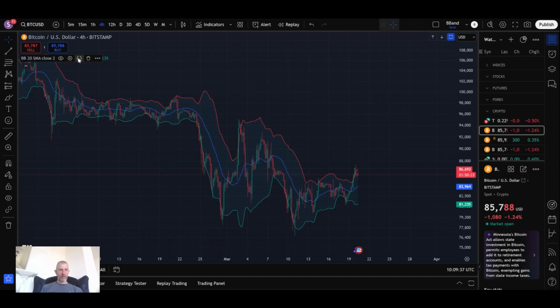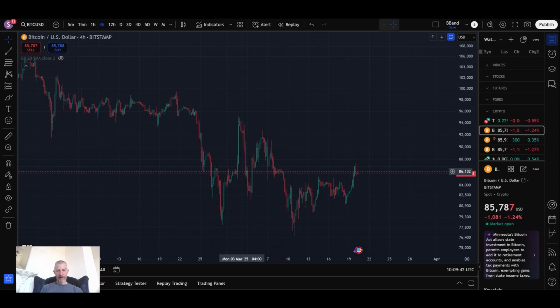And it's stalled out, or is stalling out, at this kind of key area, which I would be so bold as to say is somewhere in the high 80s up to about 90,000. So somewhere between basically where price action hit, which was about 87 on this exchange, which is Bitstamp, to basically around 90,000.